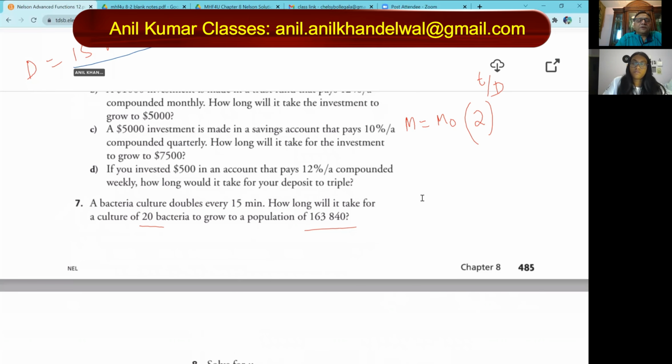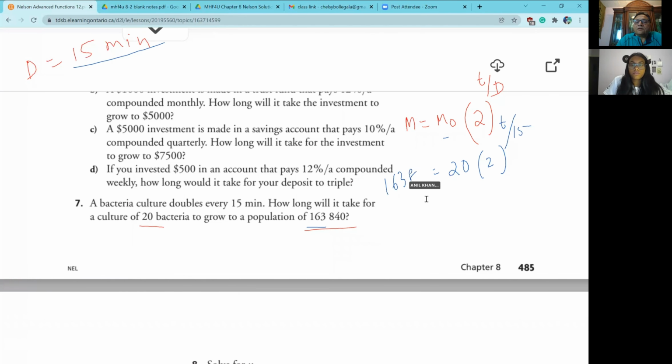How long will it take for a culture of 20 bacteria? This is 20, right? So we get 20 times 2 to the power of t over 15. The values are in minutes, okay? 163,840. You have to calculate this. Simple as that. Divide by 20 first. Equals 2 to the power of t over 15, correct?